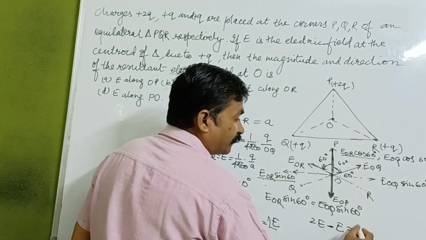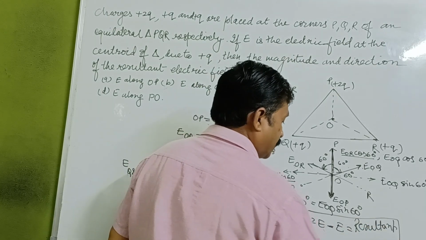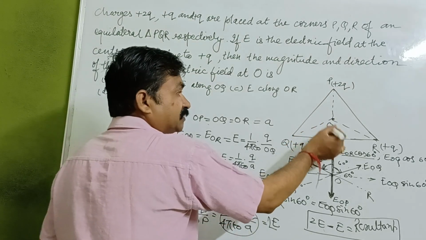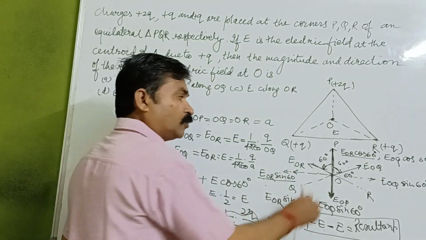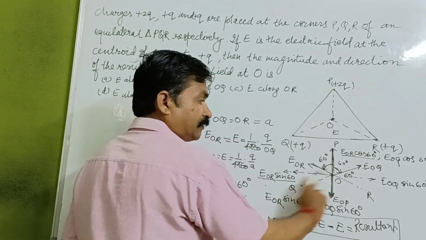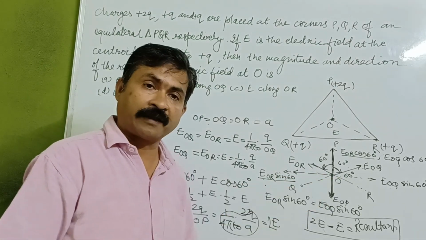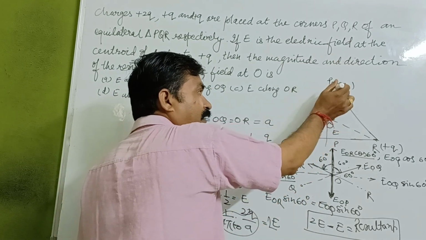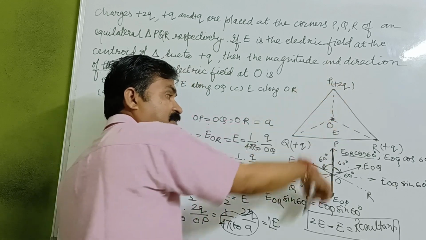So the resultant will be given by 2E minus E, which means the electric field acting at this point is E. The magnitude of this is more compared to the magnitude of the components acting because of Q and R. So ultimately we have got the magnitude; now the direction: the force will be acting from P to O, which means the electric field is also acting from P to O along this direction.